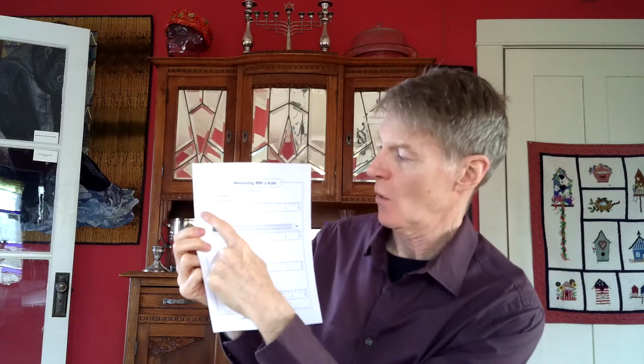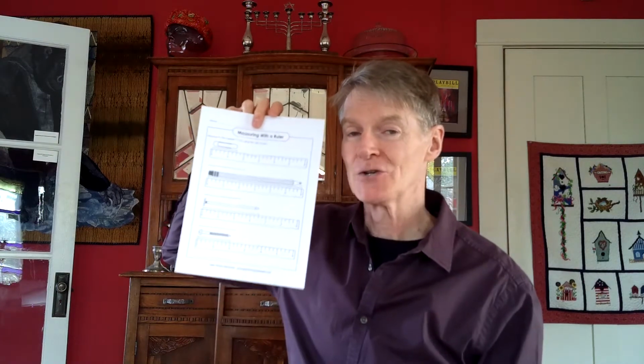There's 2 pages like this in here, and it's showing different objects, paperclip, pencil, nail, screw, with a real paper ruler right underneath. And it's helping you to see those objects are not measured evenly as 10 inches or 7 inches.